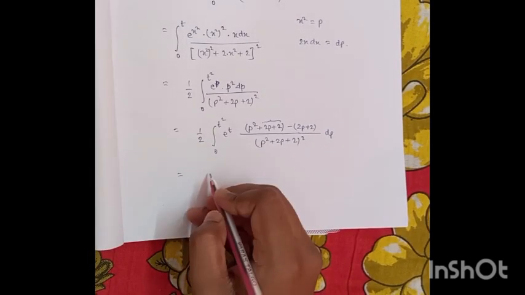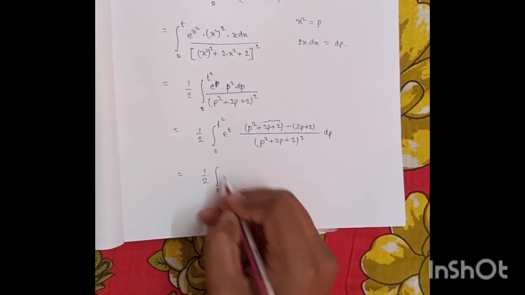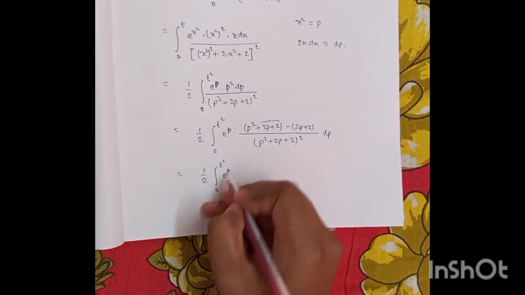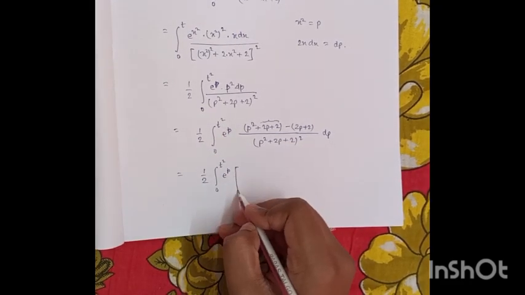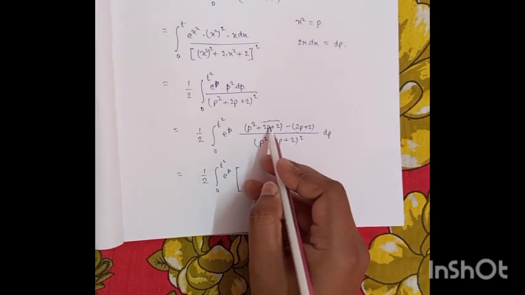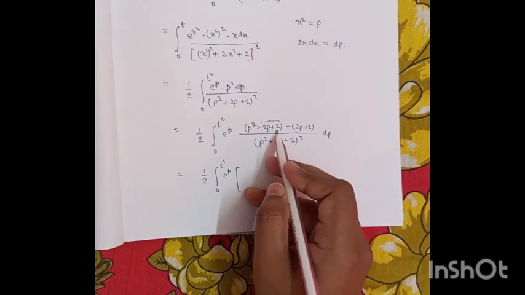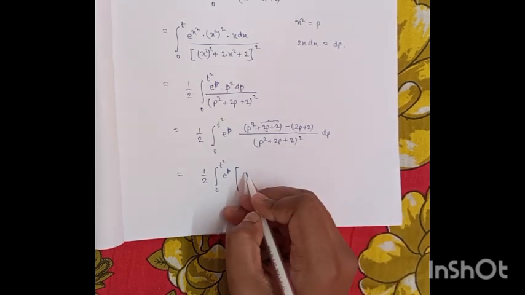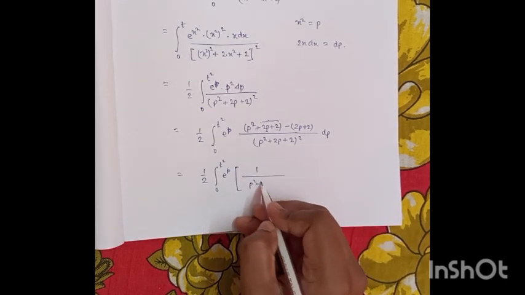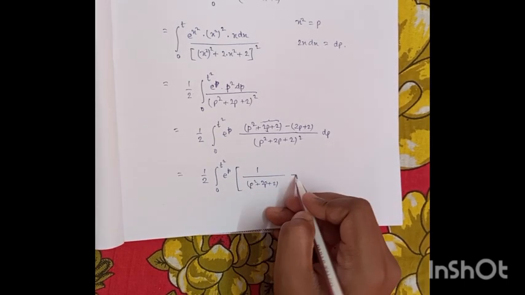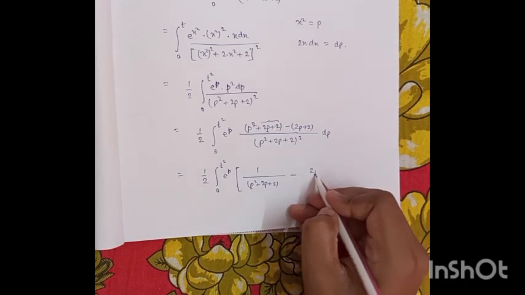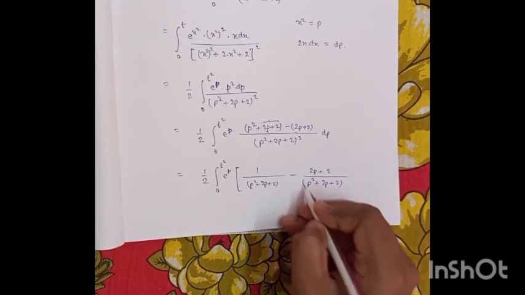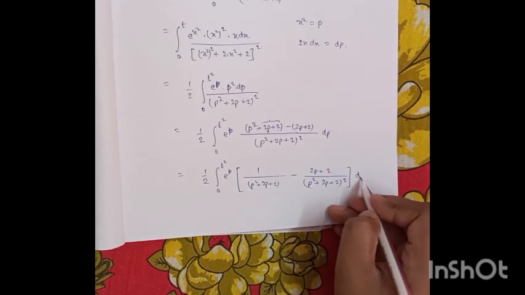So then we proceed. e to the power p into, inside the bracket, p square plus 2p plus 2 will get cancelled, so 1 over p square plus 2p plus 2 minus 2p plus 2 over p square plus 2p plus 2 whole square, into dp.